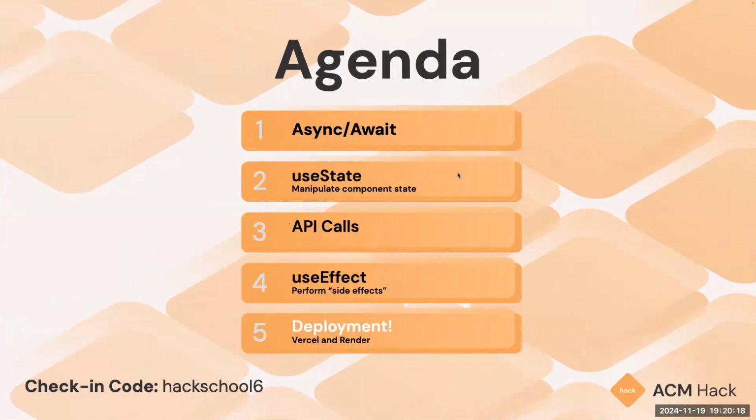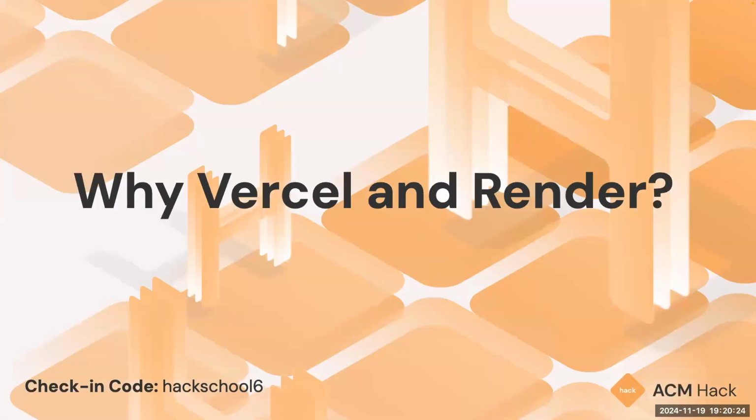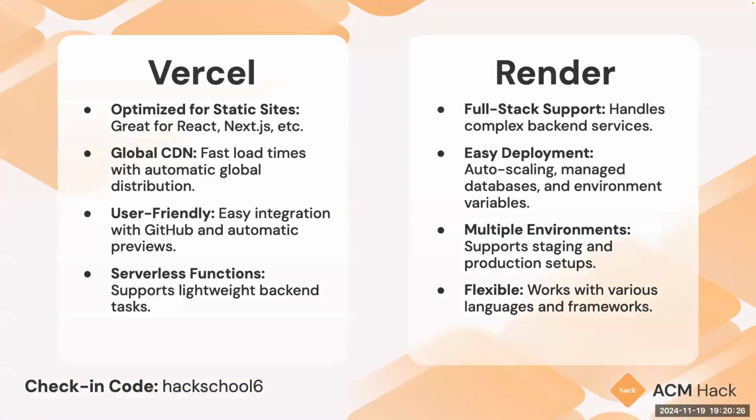Okay, I'll be going on to deployment, and we're going to be using Vercel and Render. Why Vercel and Render? Generally, they're some of the easier ones to set up. Vercel we're going to use for our front end, and it's optimized for simpler static sites and is great for React and Next.js.